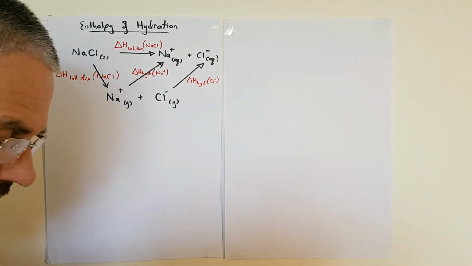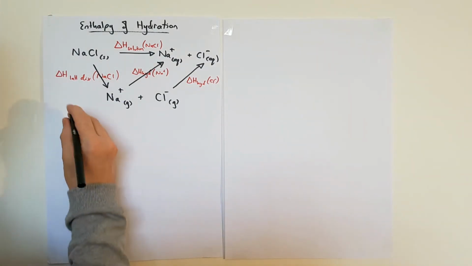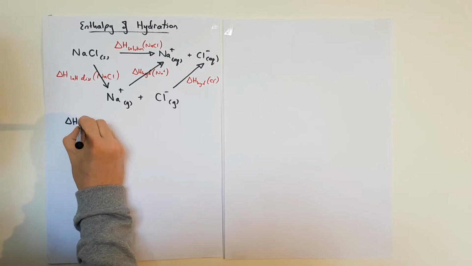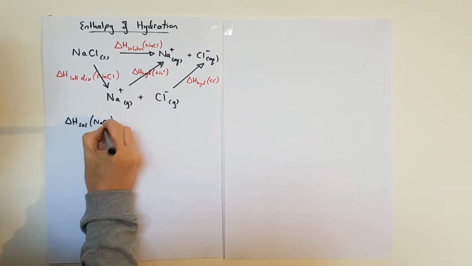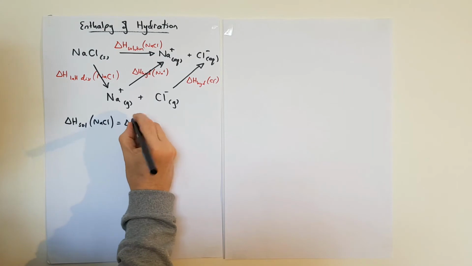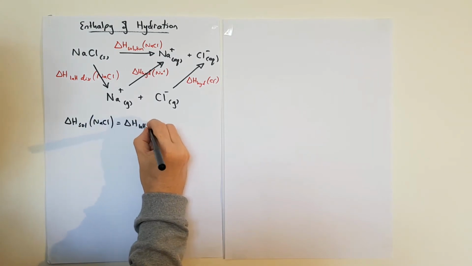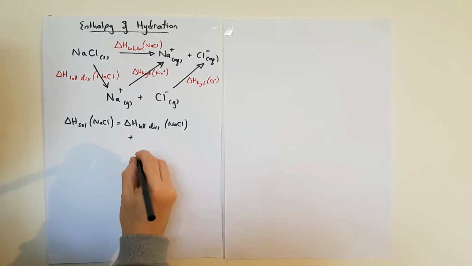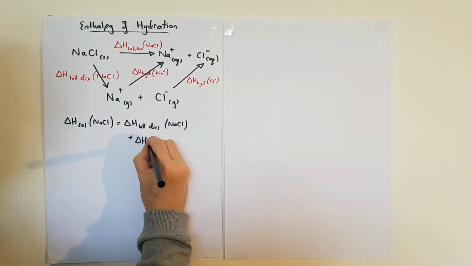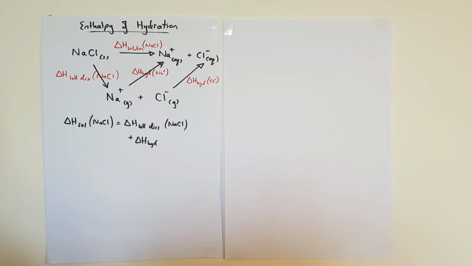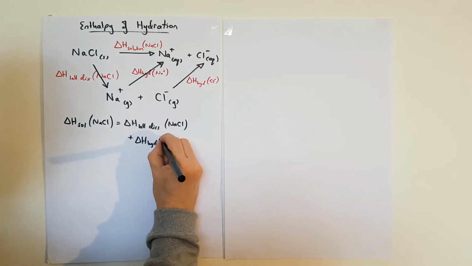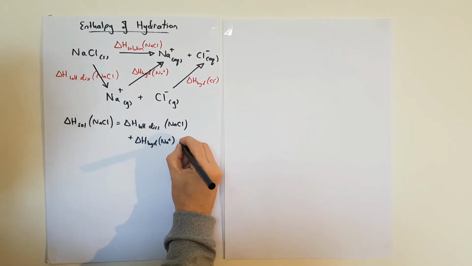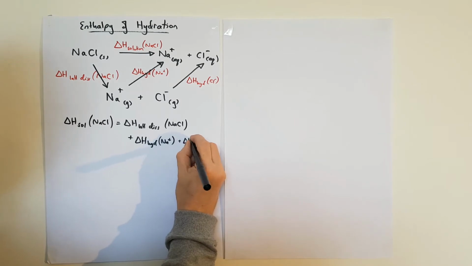Okay, and then we've got a Hess cycle there, nice and simple. The overall enthalpy of solution of sodium chloride would be the lattice dissociation enthalpy of sodium chloride, and the two hydration enthalpies there.